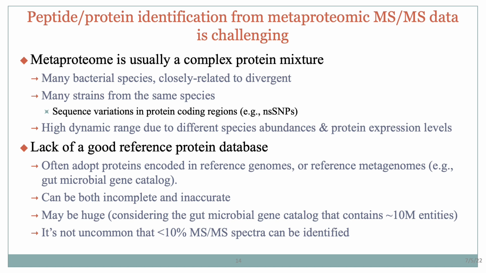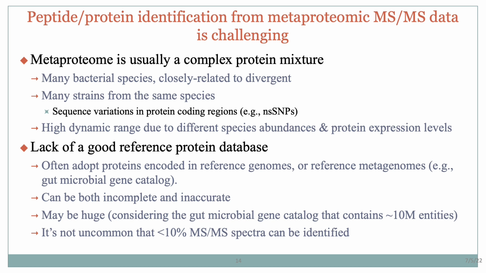So traditionally there are two ways of doing peptide and protein identification from proteomic data. One approach is to utilize a reference protein database from which we can produce theoretical spectra, and we can match the real experimental spectra against those theoretical spectra, so that we can find good matches, and from there we can identify potential peptides.